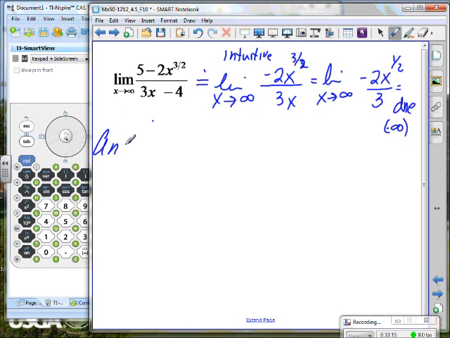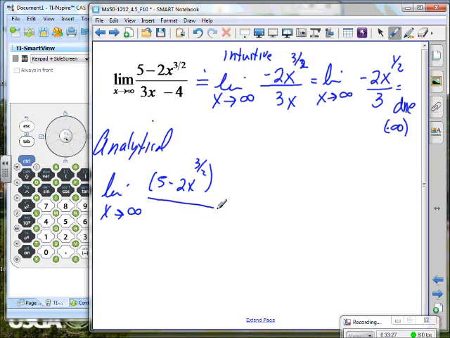Let's do this analytically. What are we going to do? What will I multiply by? 1 divided by x to the 3/2, and 1 divided by x to the 3/2.